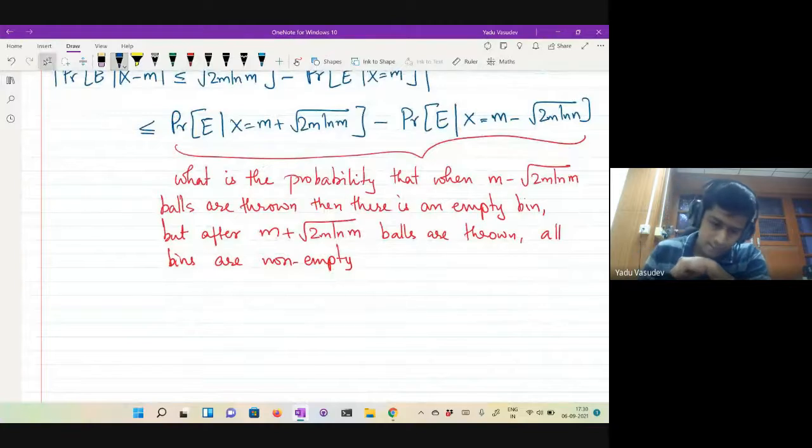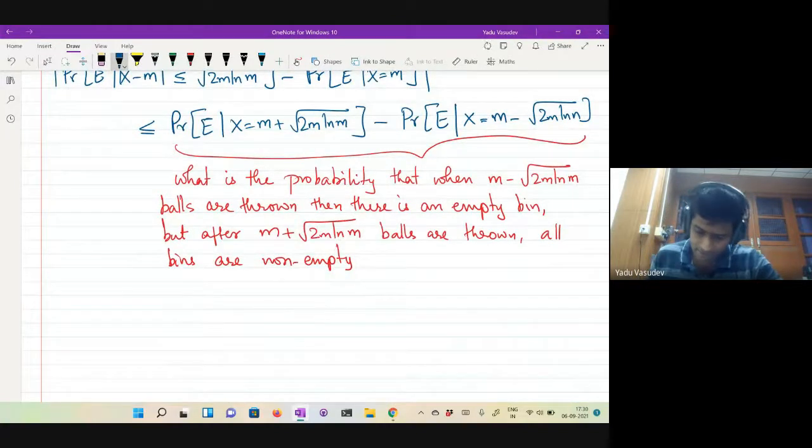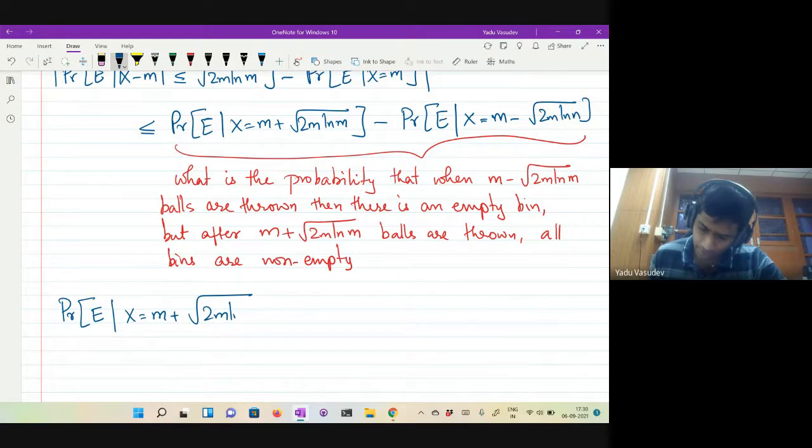For that, you can think of it this way. You look at this probability of E given x is equal to m plus square root 2m ln m.